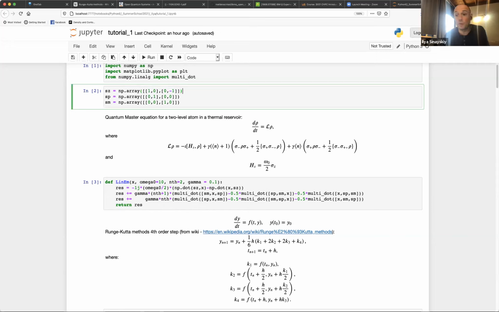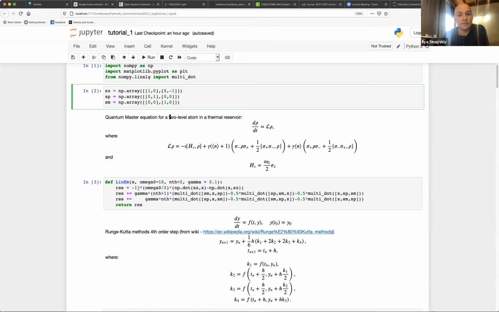The difference from the identity is that identity has 1, 1, and this is 1, minus 1. So very simple. And something called the sigma plus and sigma minus matrix. Sigma plus has only a 1 in the upper corner, and sigma minus has a 1 in the lower corner. Yes, and exactly as I wrote to you on the iPad.